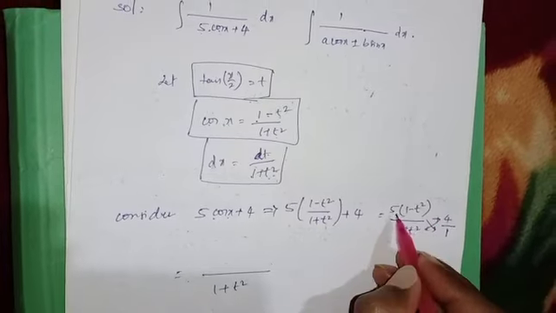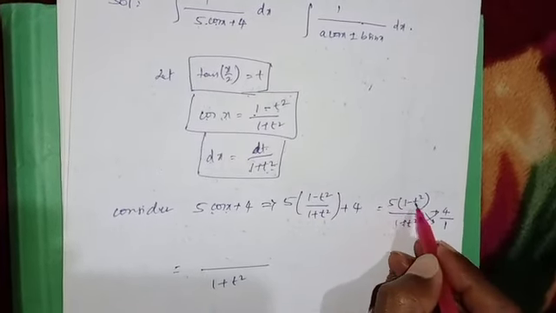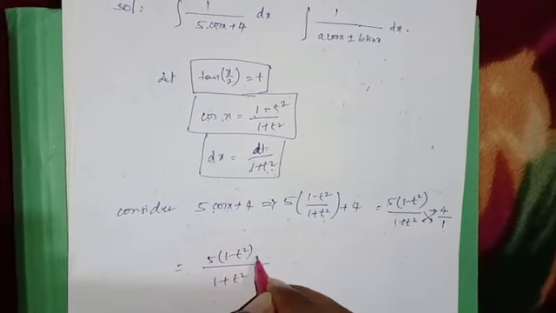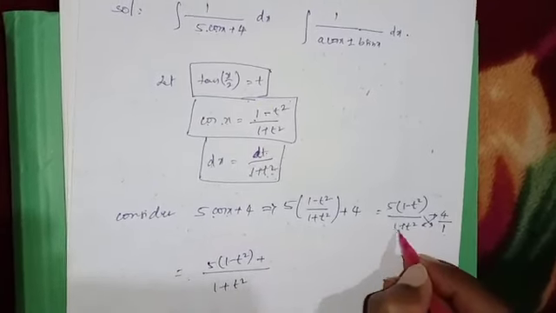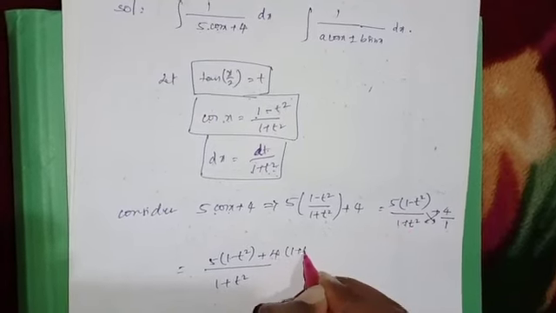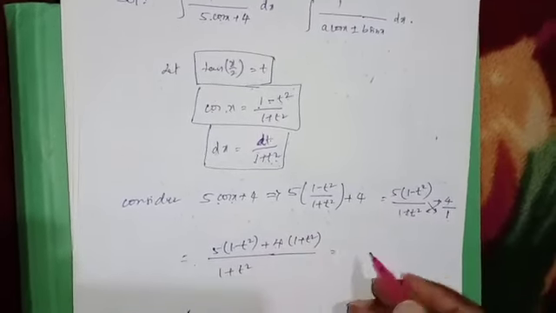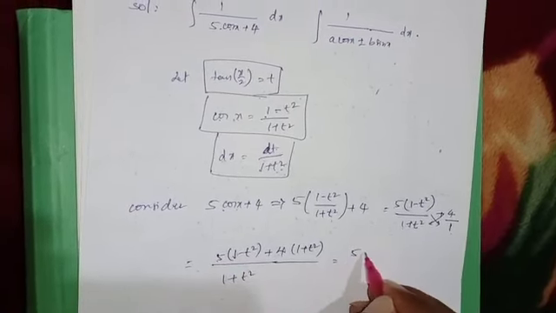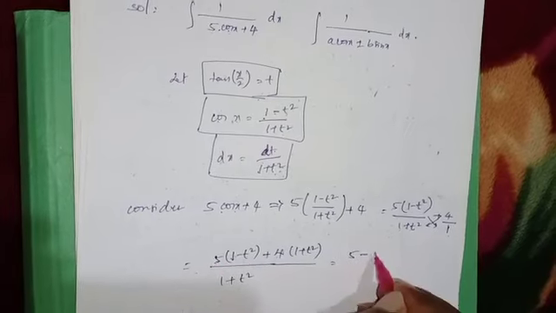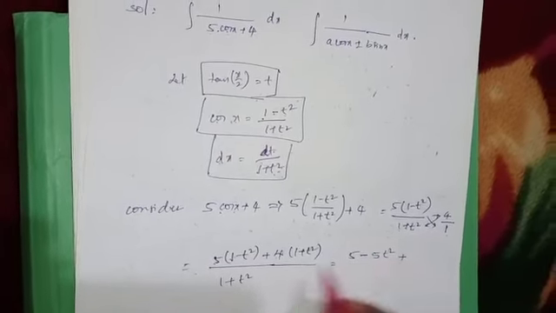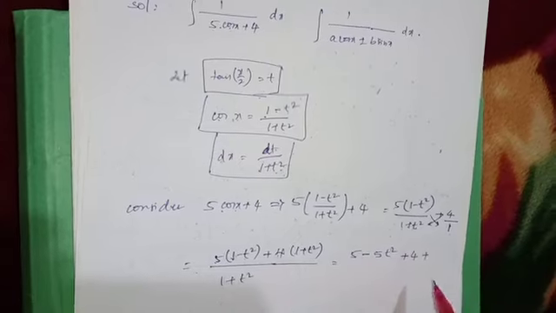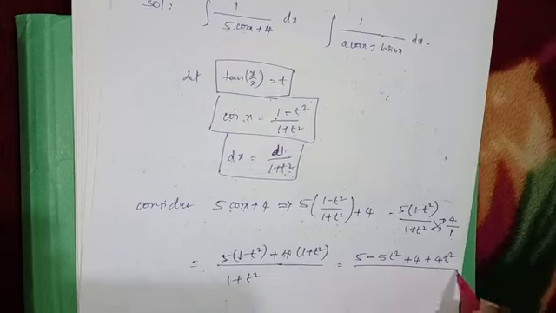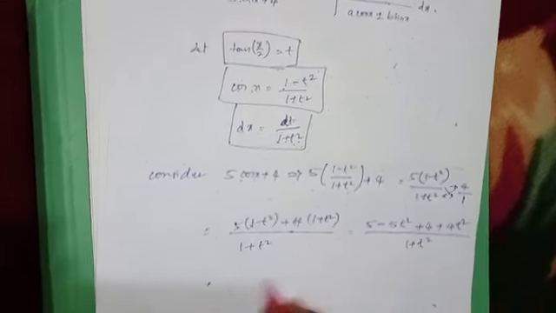Cross multiplication. 5 into 1 minus t square, plus 4 into 1 plus t square. That is equal to, see, now multiply with the 5. 5 into 1, 5 minus 5 t square, plus 4 into 1, 4 plus 4 t square, over 1 plus t square.